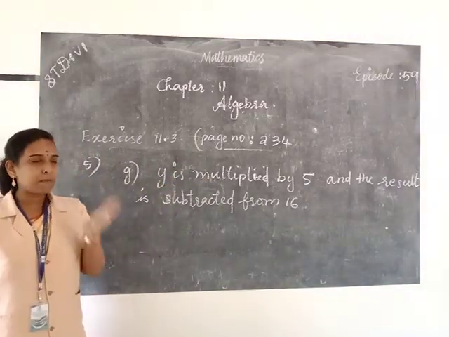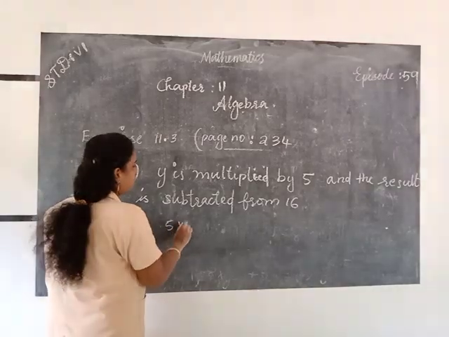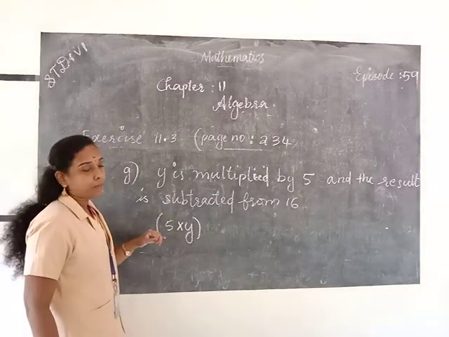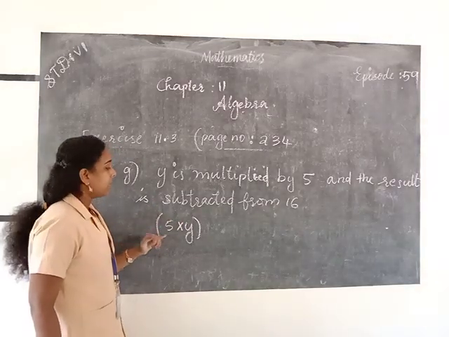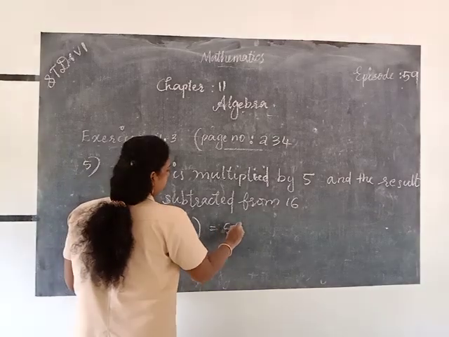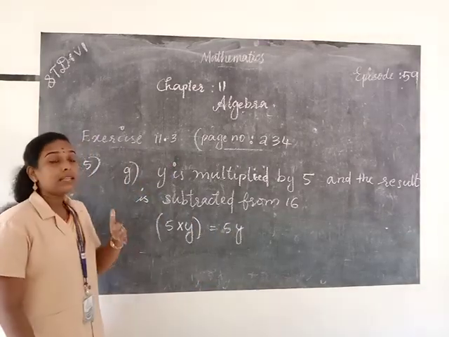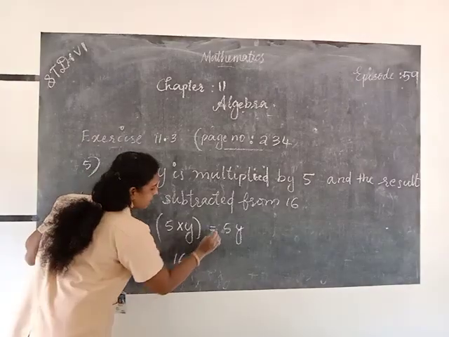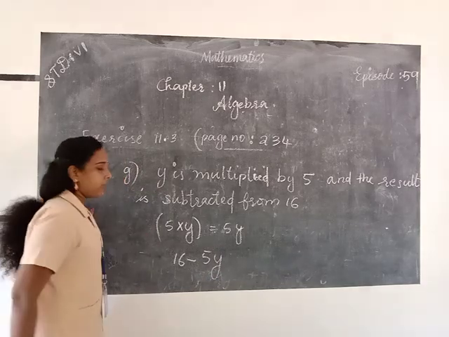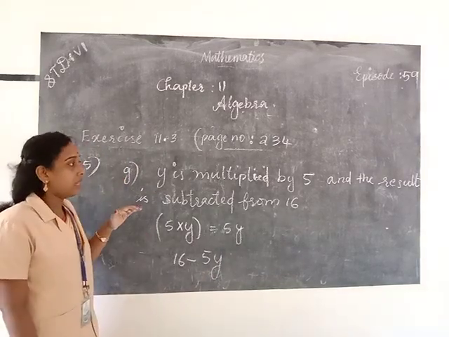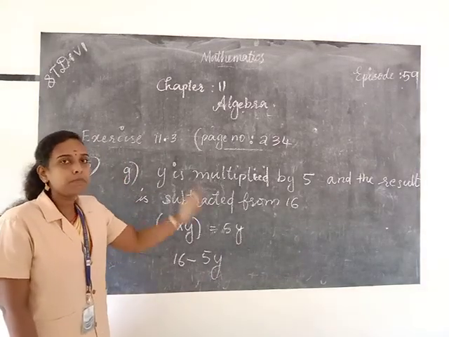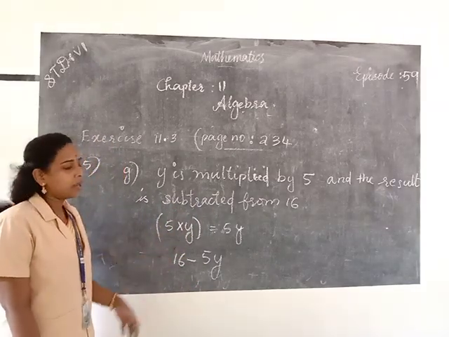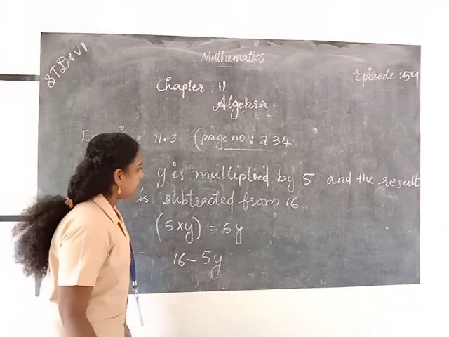This means the operation is multiplication. That is 5 into y, and the result is subtracted from 16. So 5y is subtracted from 16. That is 16 minus the result, which is 5y. 16 minus 5y. Then the next question.